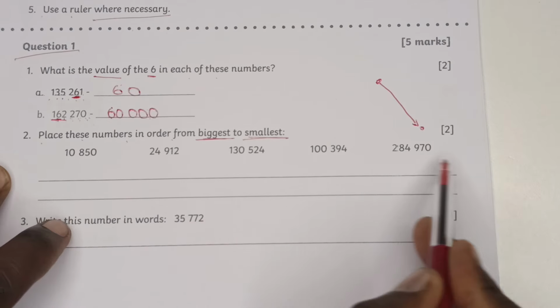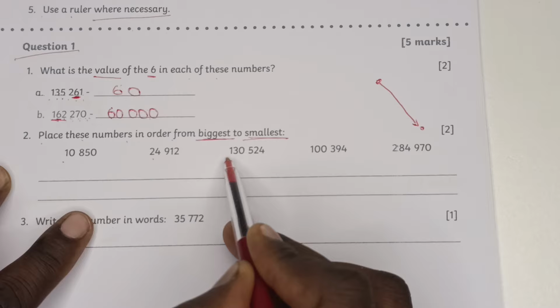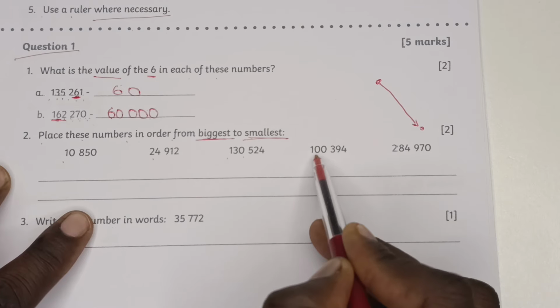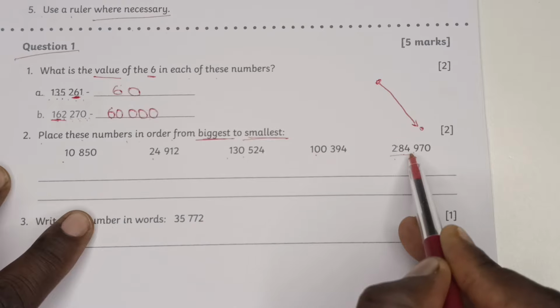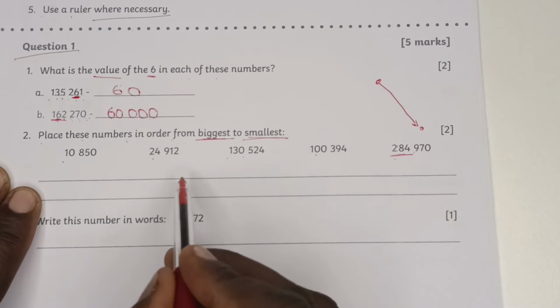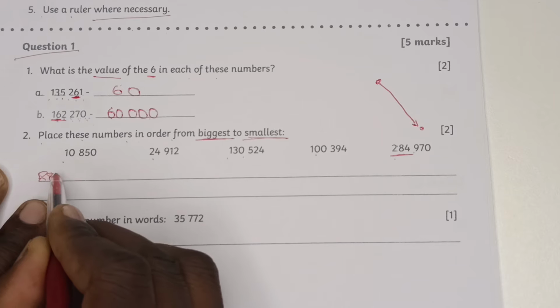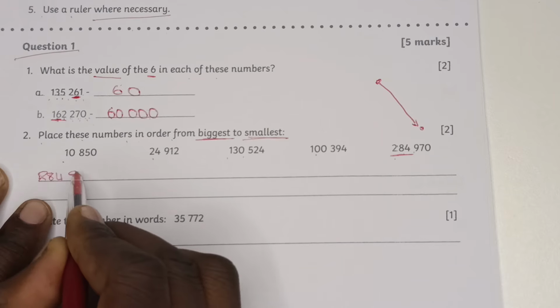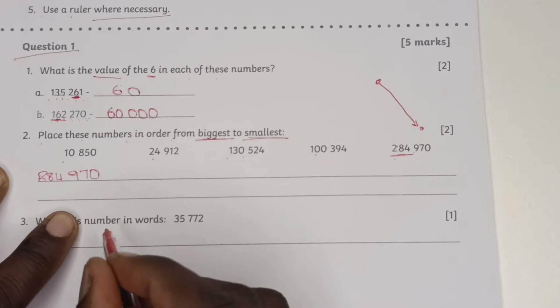So if we look at these numbers here, this is 10,000, this is 24,000, this is 130,000, this is 100,000, this is 280,000. Then it means this is the biggest one. So we start with the biggest. This is 284,970.